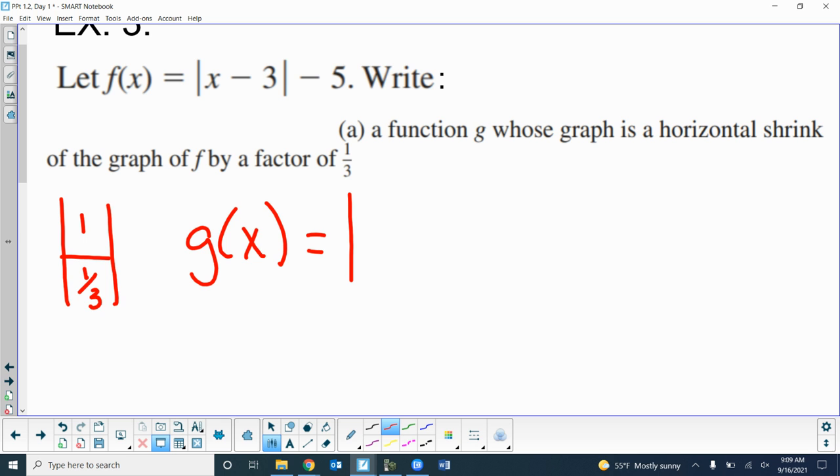So we're just going to put the 3 times the x, the reciprocal, minus 3 inside. So we just do it inside. See the difference? Vertical, it's times the whole function. Horizontal, it's just changing the x. So I multiplied the reciprocal of 1/3 times the x.